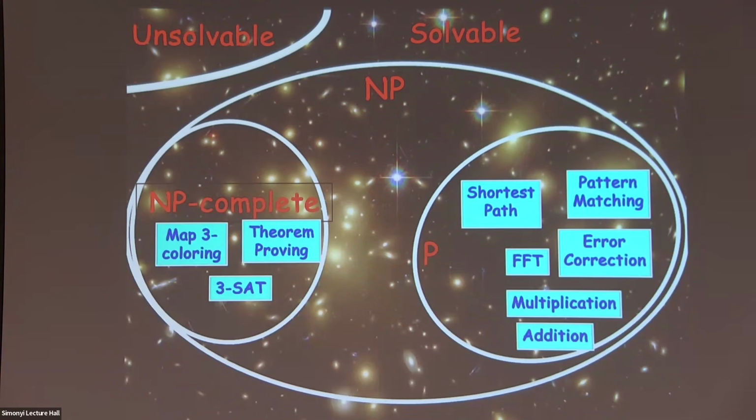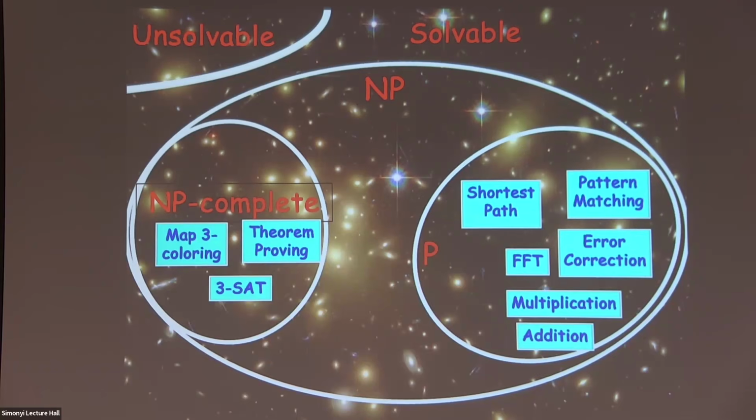Problems that are NP-complete, which I'll define next, but they are basically as hard as any problem in NP. And among them is this map coloring, which is the reason I could define P versus NP the way I did. Proving theorems, properly defined, the task we all do, is another NP-complete problem. Satisfiability is the first one that was discovered, and so on.